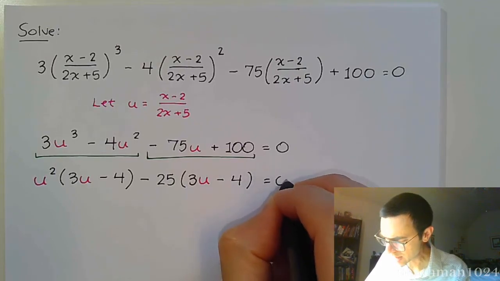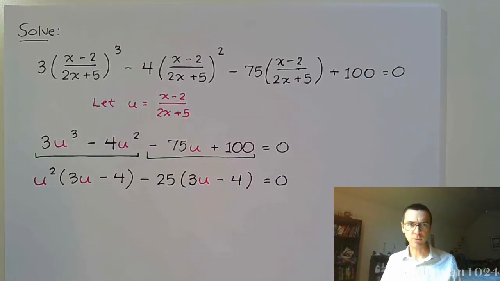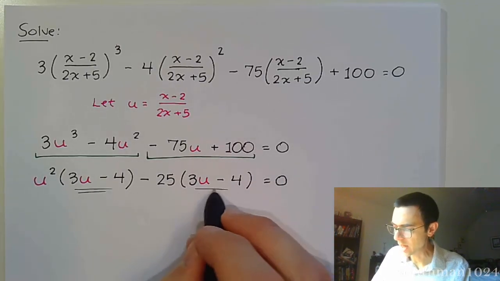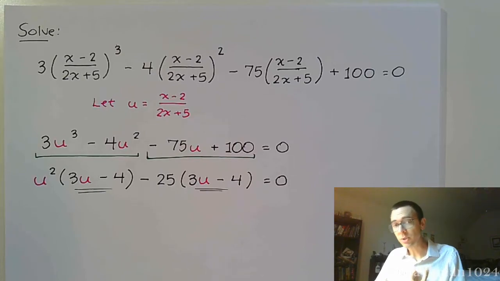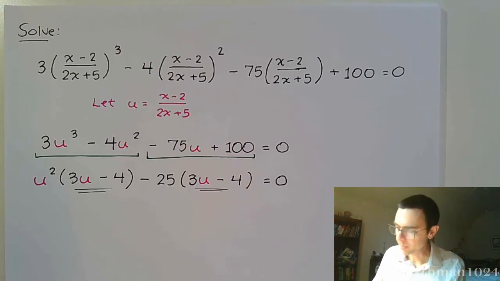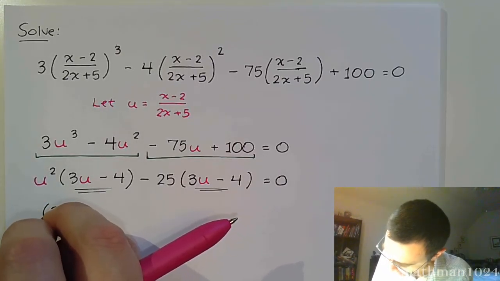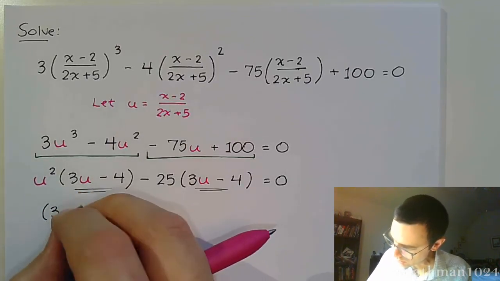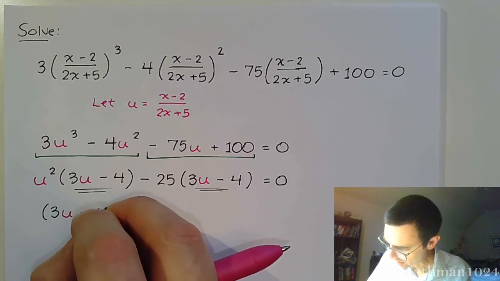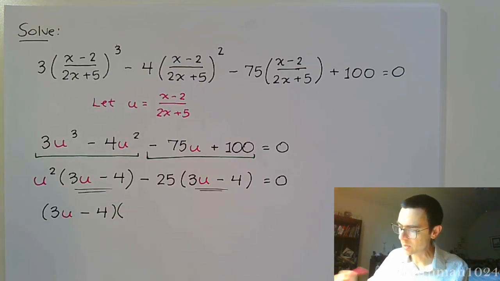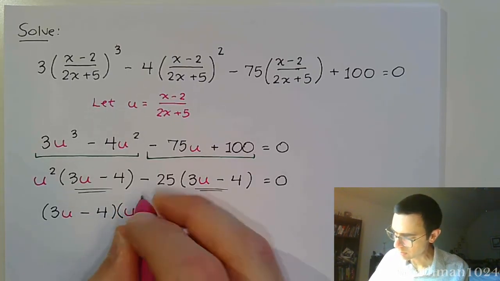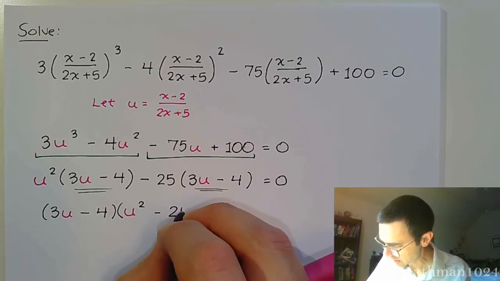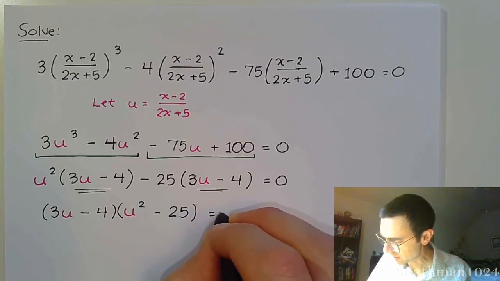Can't really say that I'm surprised here, because if we're going to factor by grouping, these pieces that are left over have to be exactly the same. Otherwise, we either did something wrong or it can't factor by grouping. Okay, so we have 3u minus 4 times what it was connected to, which was u squared minus 25.